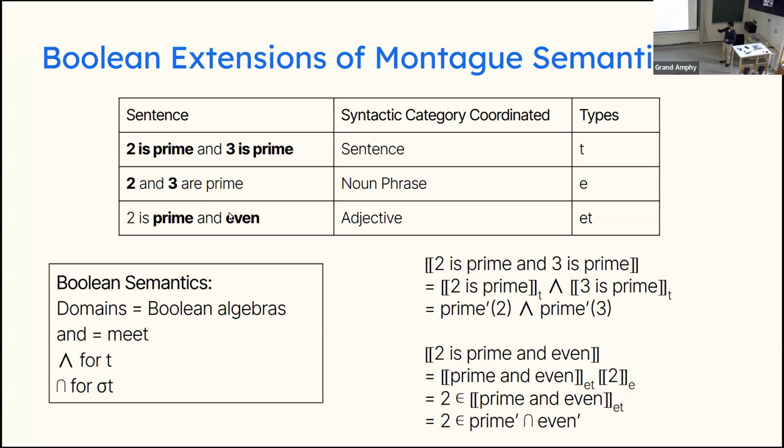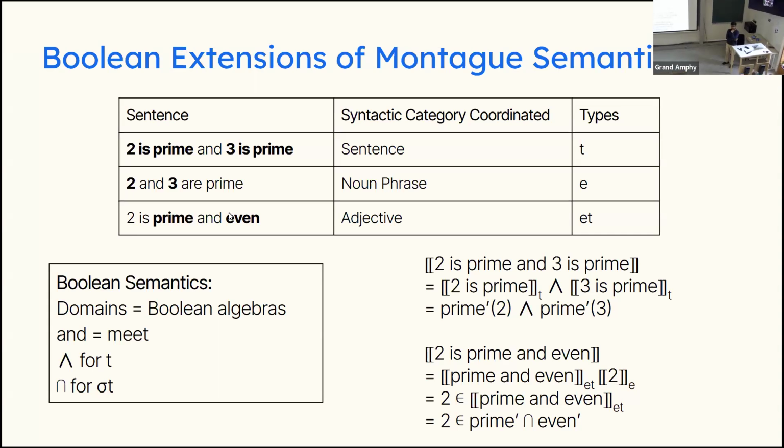And we can also coordinate adjectives, "2 is prime and even". In the type system that I gave earlier, noun phrases have type E, adjectives have type ET, and sentences have type T. So if we want to give a meaning to the coordinator "and", we see that "and" is ambiguous and it has at least 3 meanings.